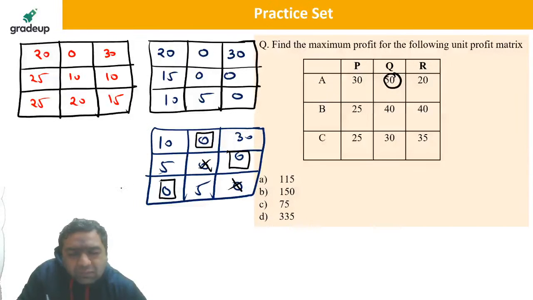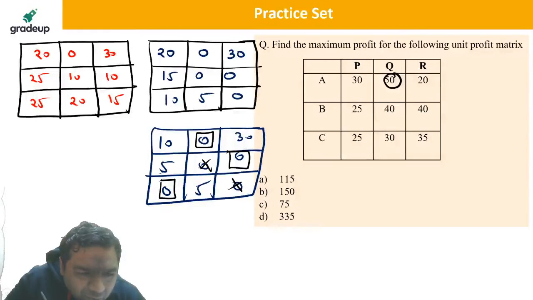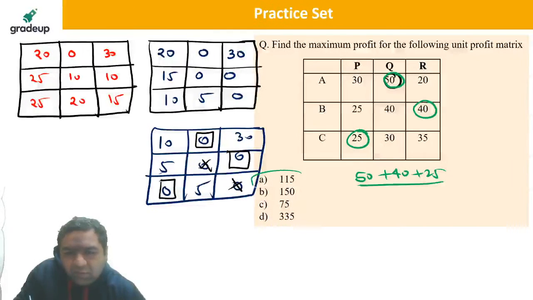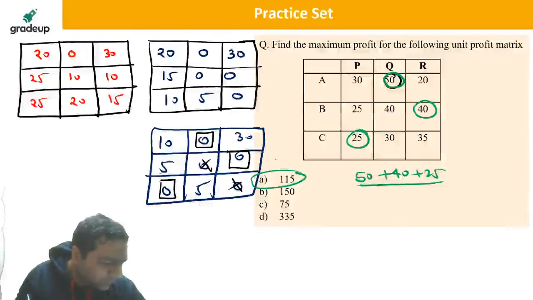Single zero. Yes. So in assignment problems, questions are not asked very lengthy in the paper. They are simple only. But this kind of trick they can play with you. 50, 40 and 25. So it will be 50 plus 40 plus 25. I feel the answer will be A, 115.